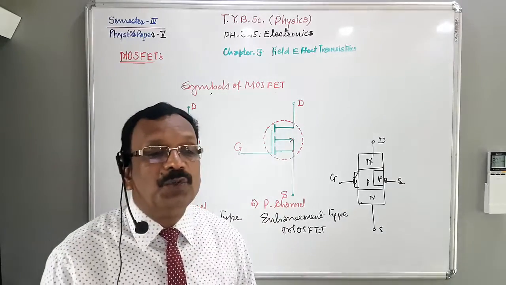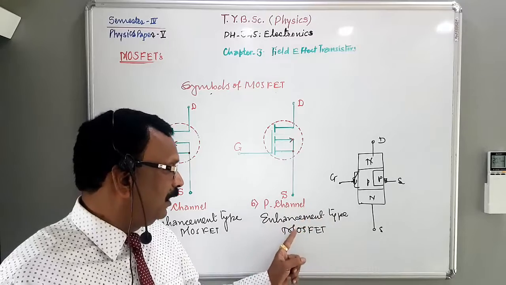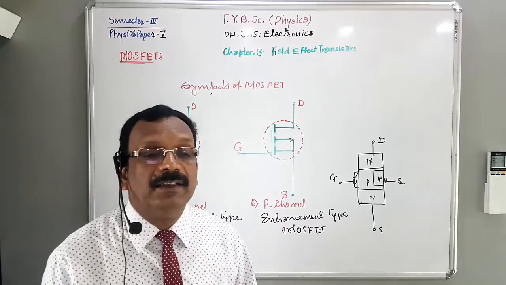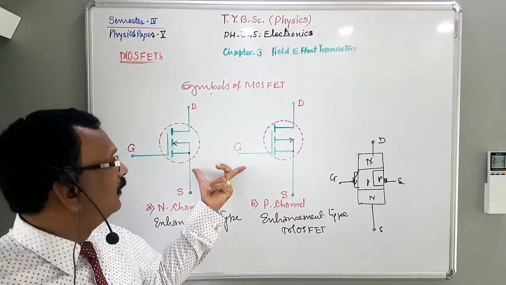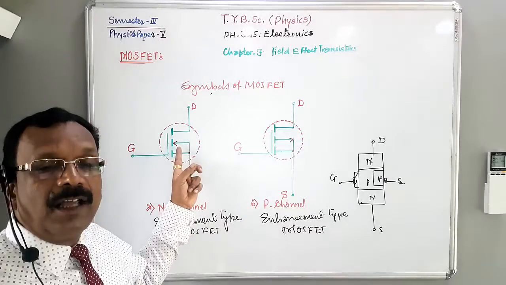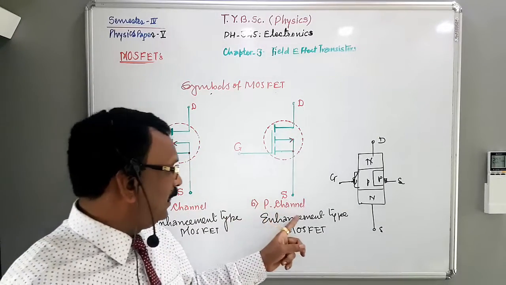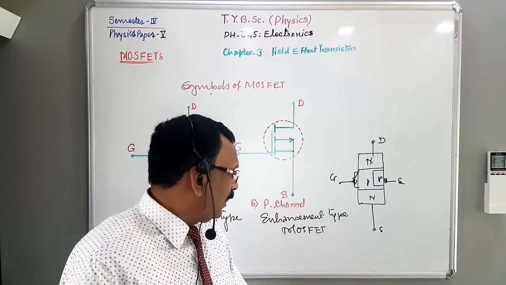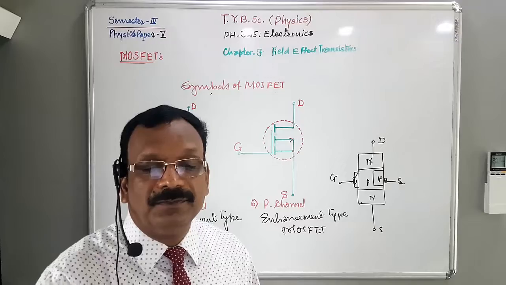Figure B shows the circuit symbol for P channel enhancement type MOSFET. Again, both the figures are similar except that in N channel MOSFET the arrow points toward the channel, and in P channel MOSFET the arrow points away from the channel.